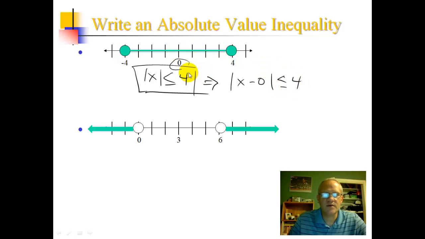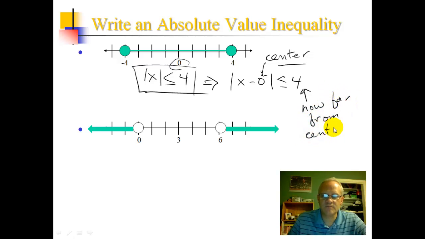How far away these two things are from the center. So this number in the middle is whatever number's in the center, and this number is how far from the center. So that's the pattern.